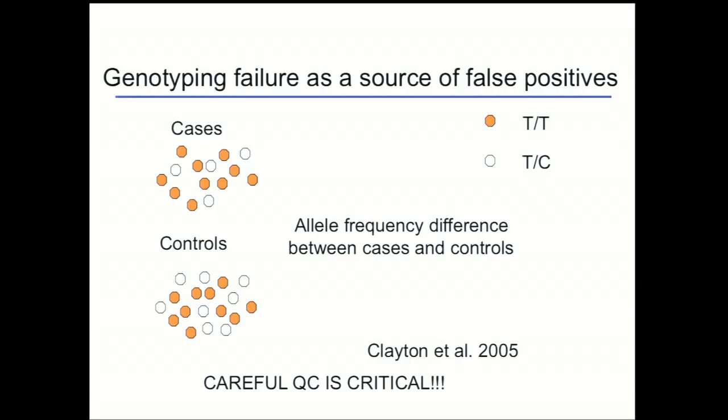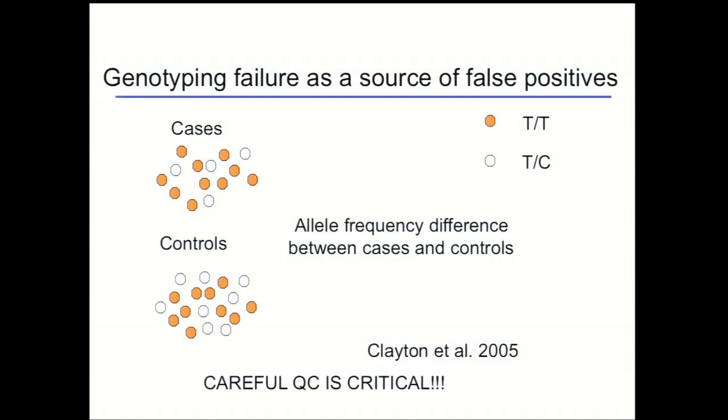And the way you can tell this is an artifact is, first of all, you can apply very stringent thresholds for calling the genotypes. And the other thing you can do is that oftentimes these dropouts will differ from laboratory batch to laboratory batch. So one of the things that turn out to be really important in QC of association studies is to look for an association with genotyping failure and plate.